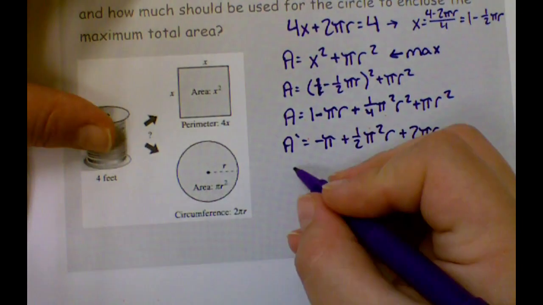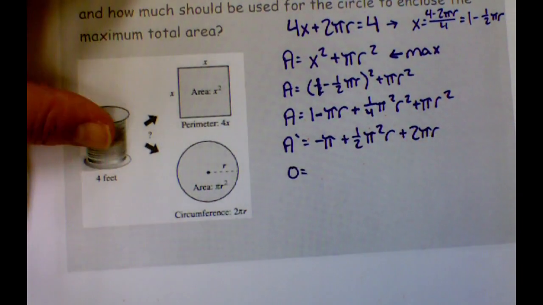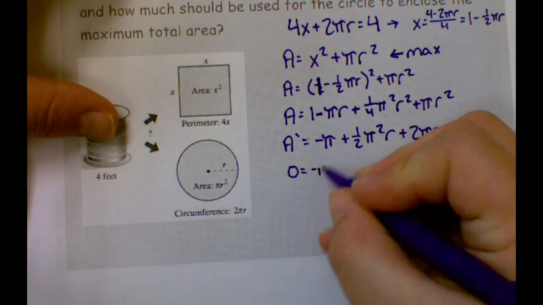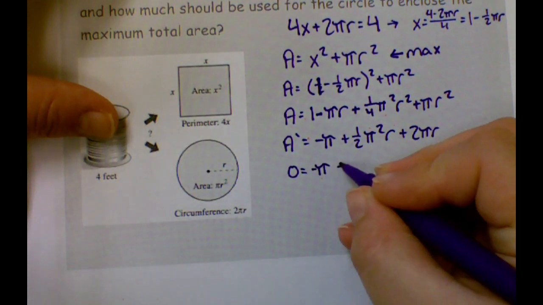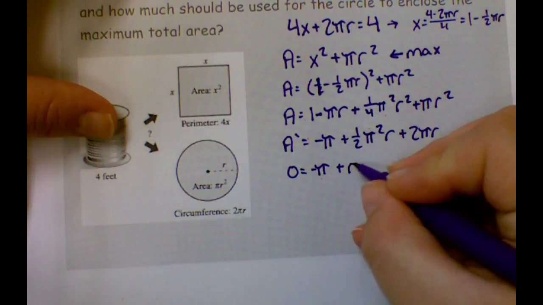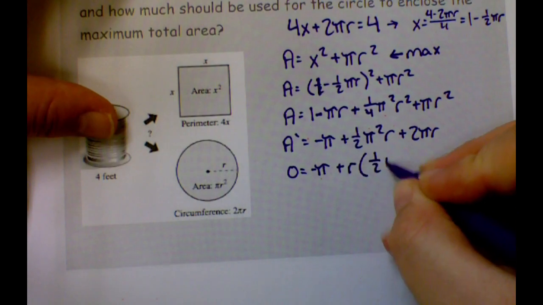I need to set this equal to 0. Let's keep this minus pi over here. Let's factor out an r so that I can get the r by itself.